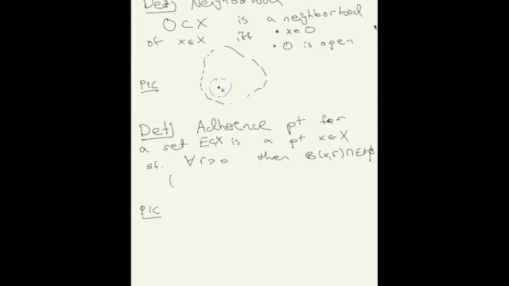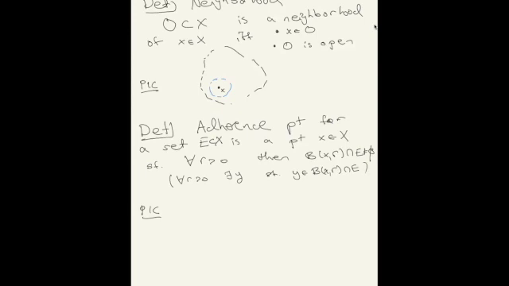So, in other words, for every r positive, there exists some y such that y is contained in the intersection of this ball. That's another way of stating this condition.